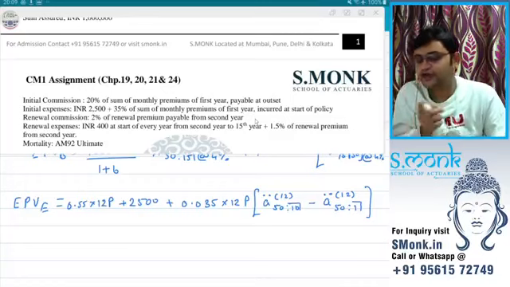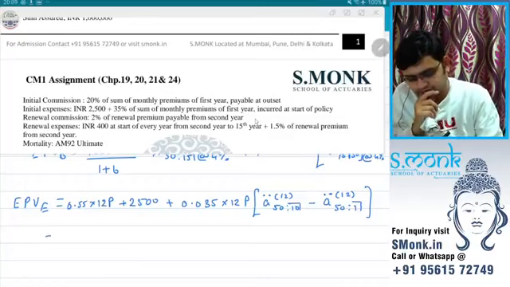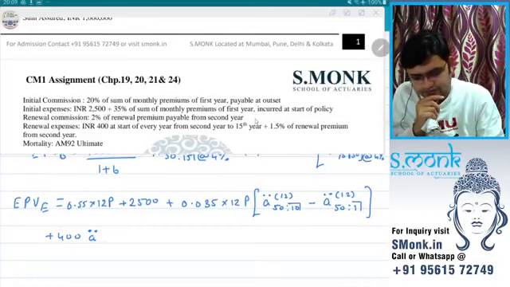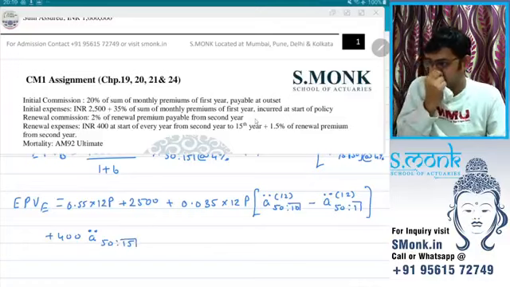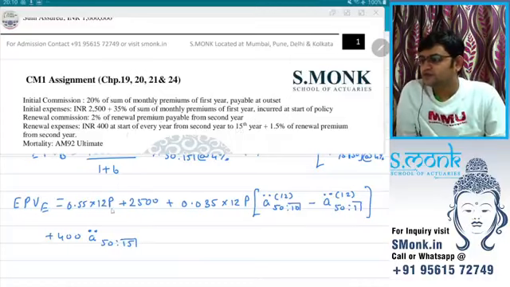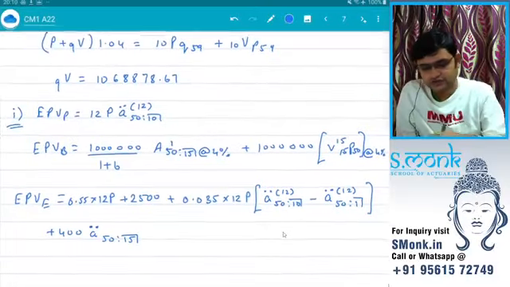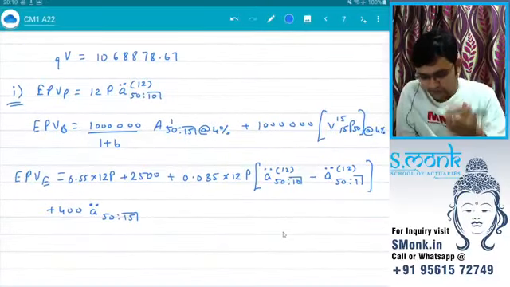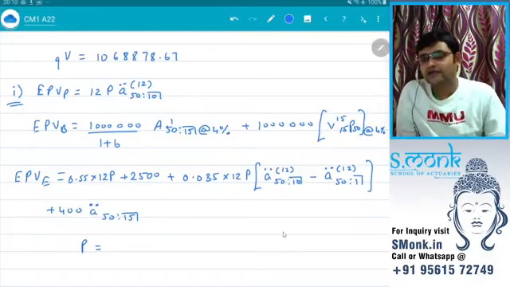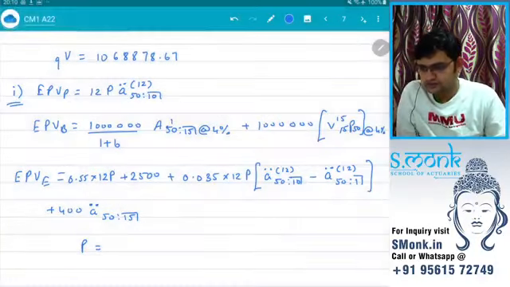Then they said 400 at the start of every year from the second year to the 15th, ä 50, 50. Okay, that's it. These were everything. Now you can calculate these values and calculate the premium, whatever the premium might be. I will directly take it from the solution. I'll open the solution.